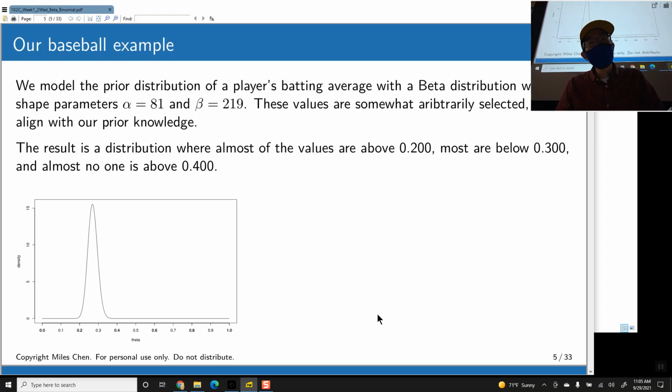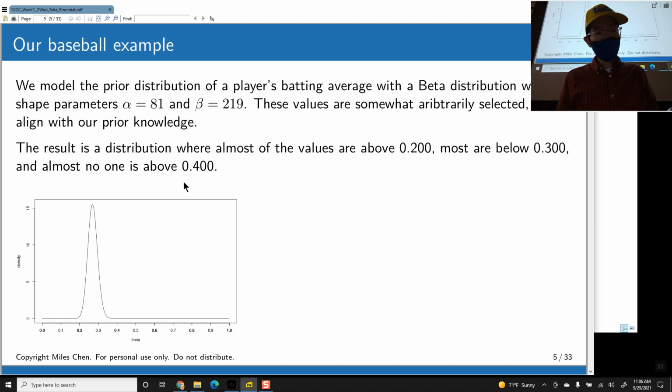The blog, because I want to give credit to the blog that I'm basing my lectures off of, decided to use these parameters, 81 and 219, where the mean value is around 0.27, which in my opinion is a little bit generous for a batting average. Probably a batting average closer to 0.25 or a little lower is something I would have chosen, but that's fine. We're using the parameters alpha equal to 81 and beta equal to 219.